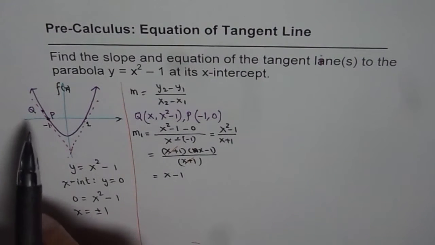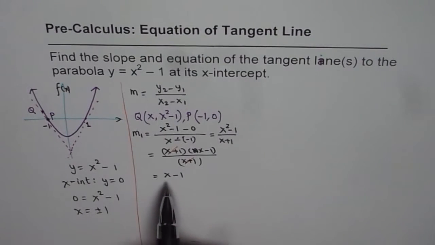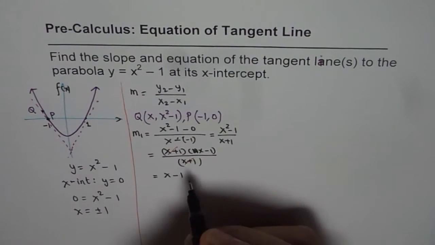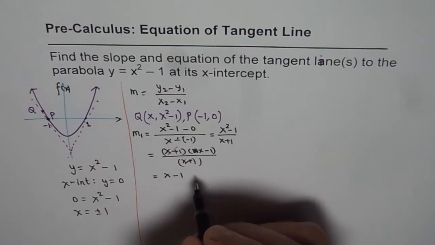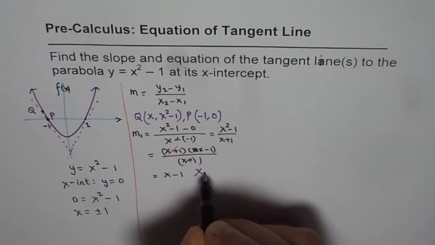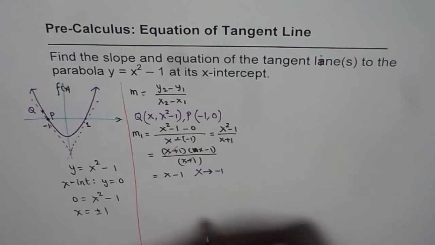Now my x value for Q is indeed very close to minus 1. It is not minus 1, but it's very close to minus 1, right? So we in a way say that the point Q is such that our x value is very close to minus 1, right?